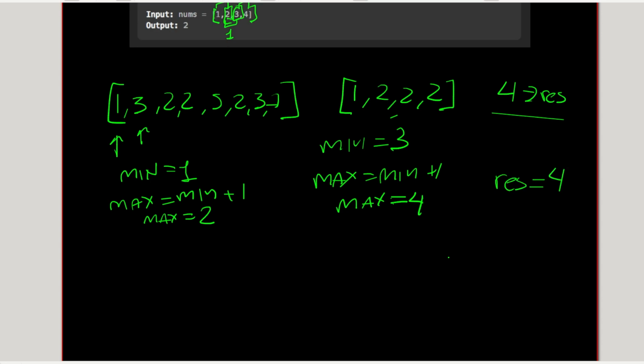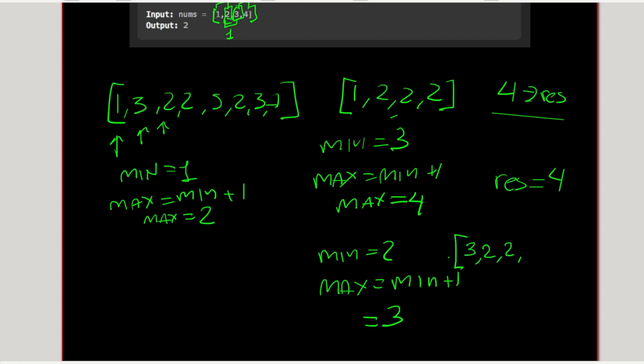Now moving on to here, if we set minimum to 2 and follow the equation, max equals minimum plus 1, so max is 3. If we create the subsequence with 2 and 3, I'm sorry, there's a 3 in the beginning here, so we get 3, 2, 2, 2, and a 3. The length of that is going to be 5.